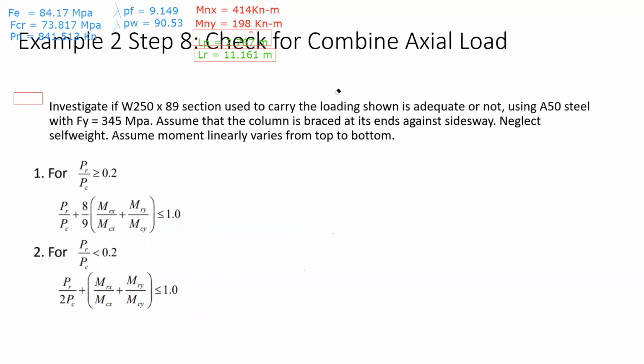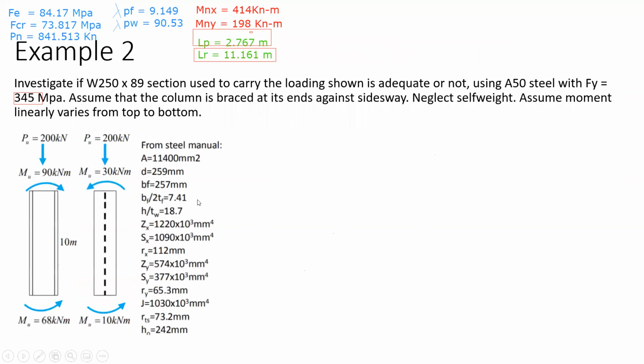PR is given. Let's go to our formula again, our initial given. In the picture, PU is our PR. So, PR, the applied P, is 200 kilonewton in the drawing.